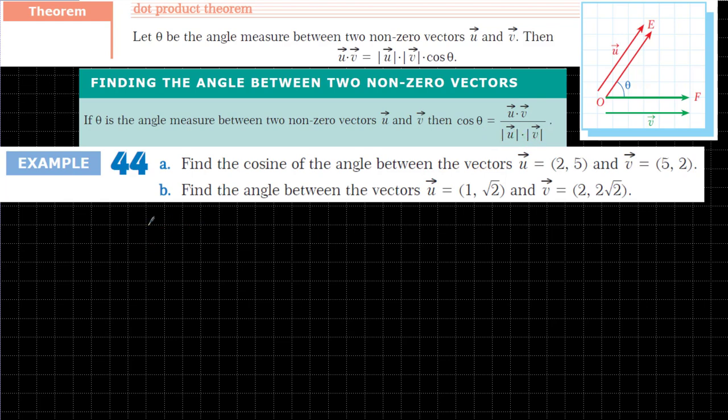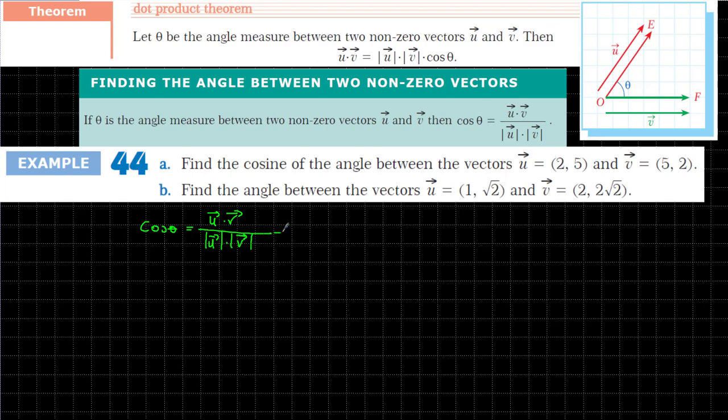Or I can write like this directly. Cosine theta is equal to the dot product of u and v over the length of u vector times the length of v vector.